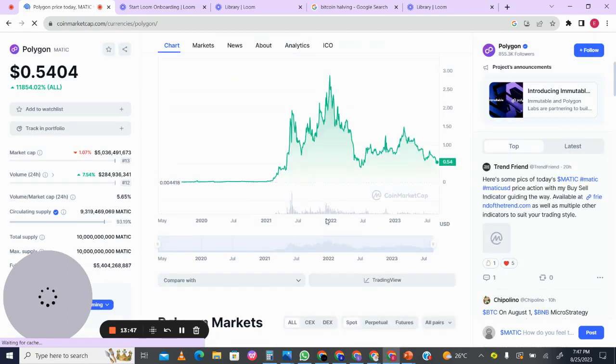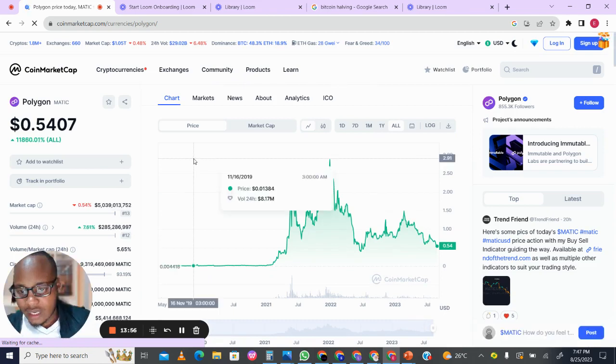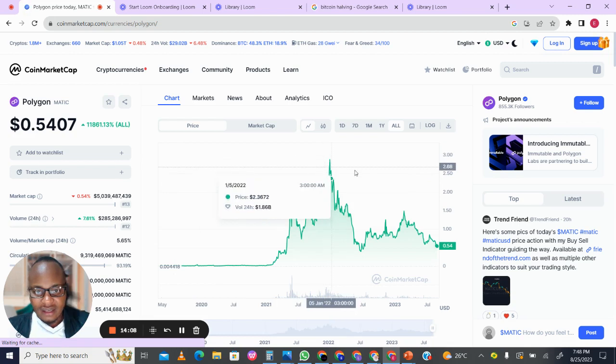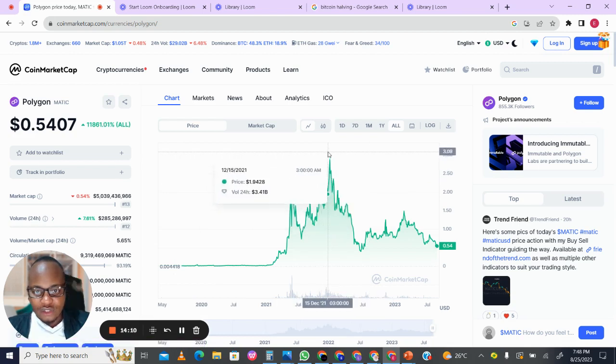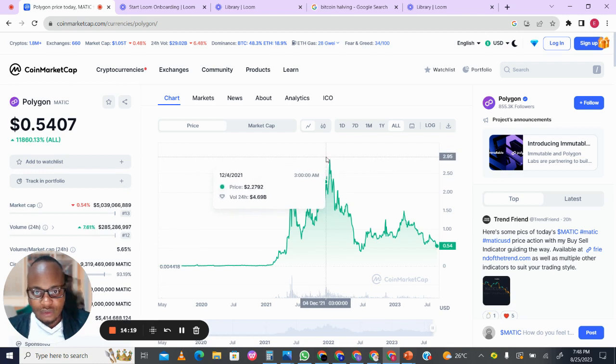When it was launched, it was around $0.004, guys. And during 2021, Bitcoin halving, it went to as high as $2.2.